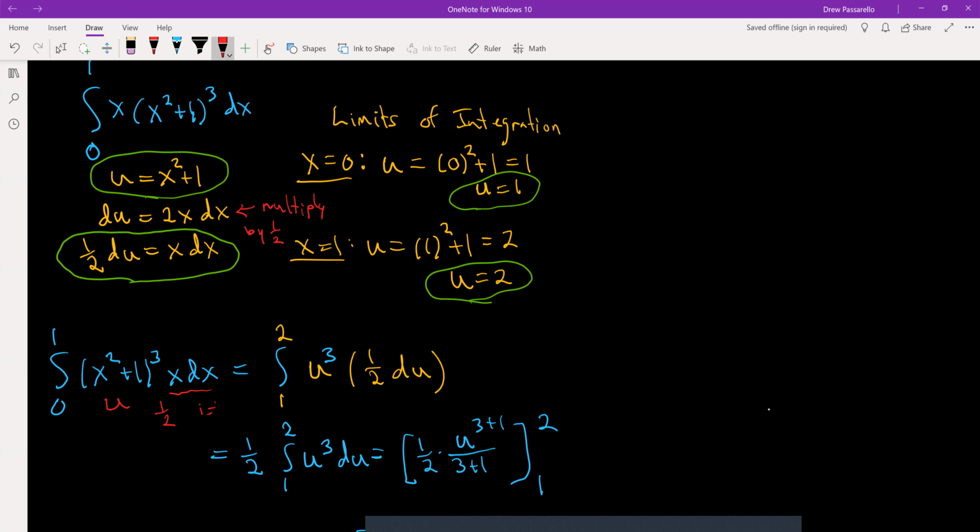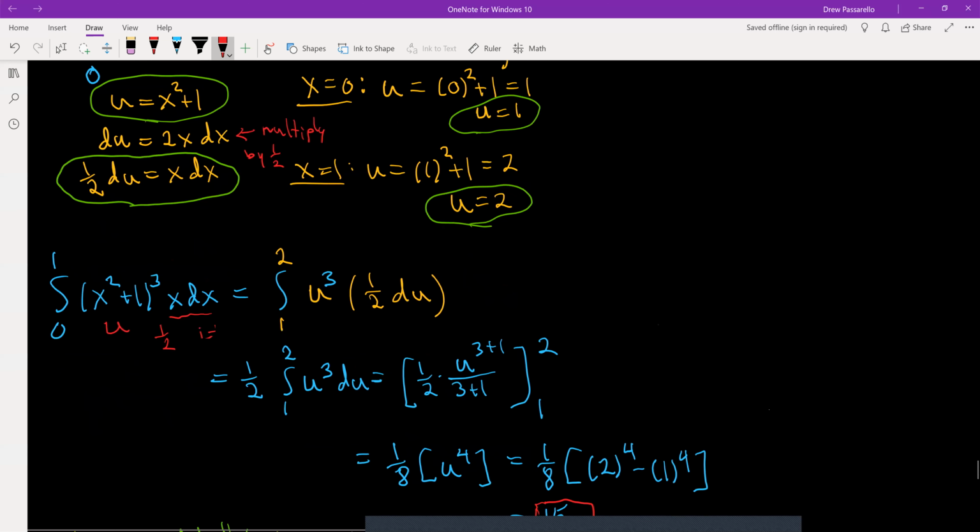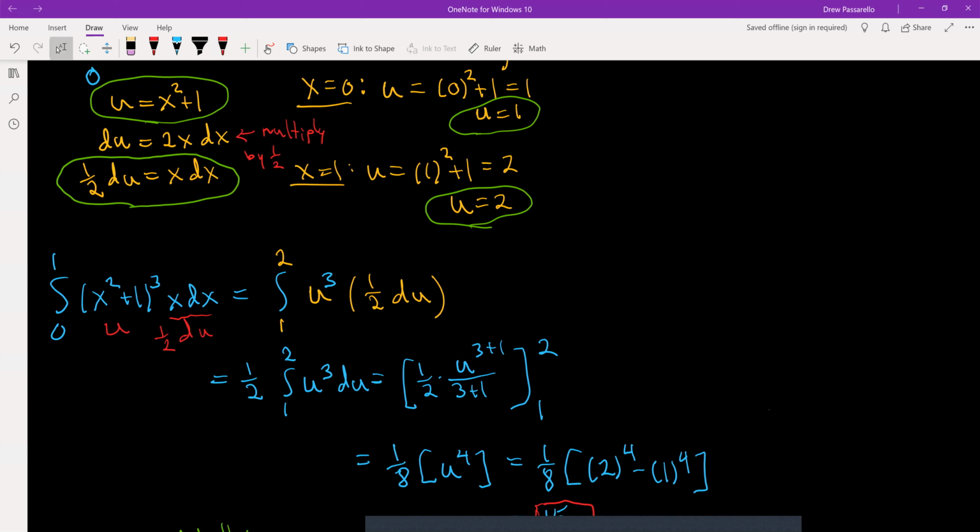All right, the x dx part is 1/2 du. So that's where you see in yellow. So instead of x squared plus 1, you have u, and then it's cubed. And then instead of x dx, that's 1/2 du. Now I also changed limits 0 and 1 to 1 and 2, since that's what we found above.